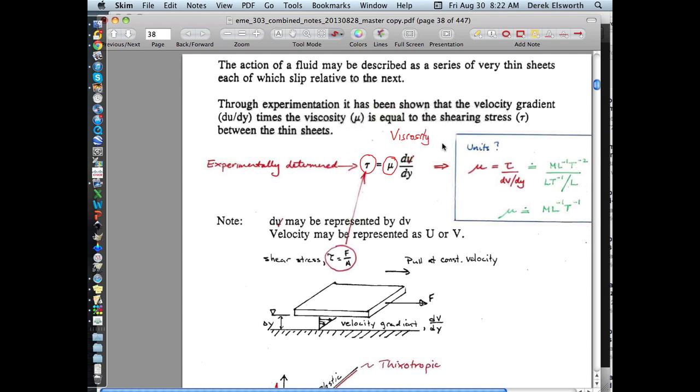It has units of stress times time, typically Pascal seconds in SI. So the shear stress that you have to apply to move a fluid is equal to a constant called the viscosity, a material constant, times the shearing rate in space. So dV is the change in velocity, and dy is the change with location.